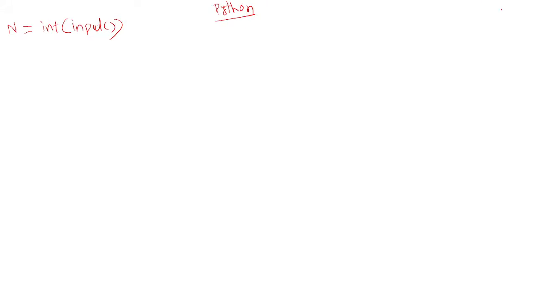Since 5 is provided in the first line, it reads 5. And always remember, in Python the input function reads whatever input as a string. 5 becomes a string. You need to convert this 5 into integer 5. That's why you pass it to the integer function. So the first line contains int of input. It converts 5 into integer type and returns that, and we are catching it in variable n here. Now n contains the number 5.